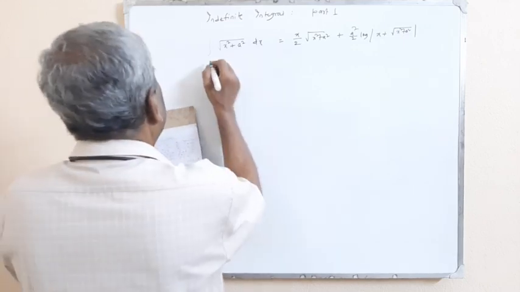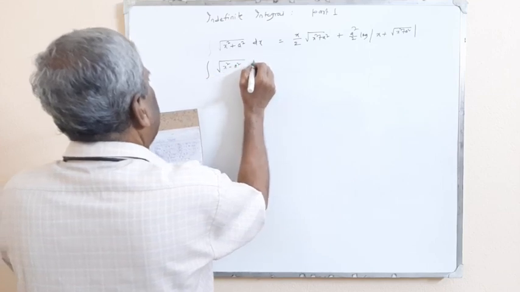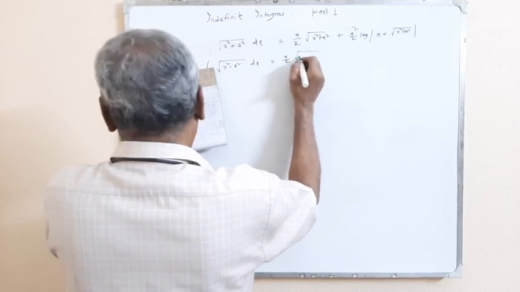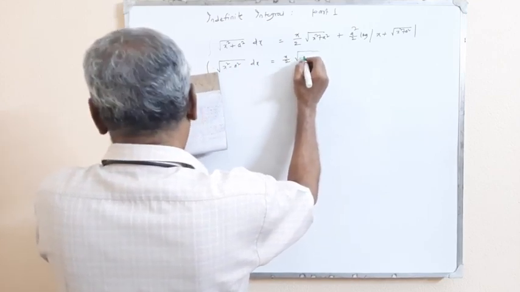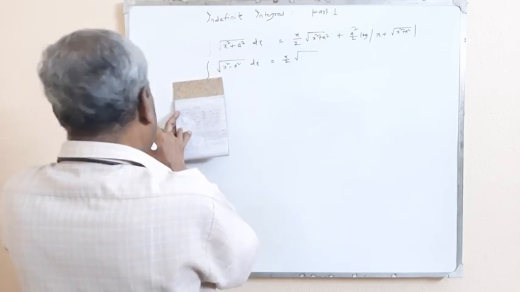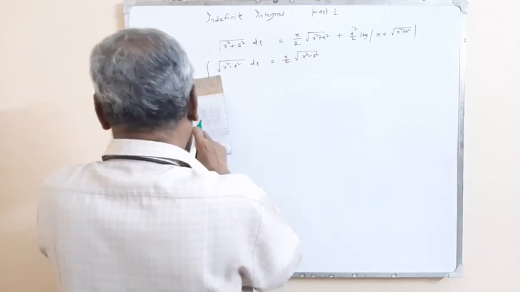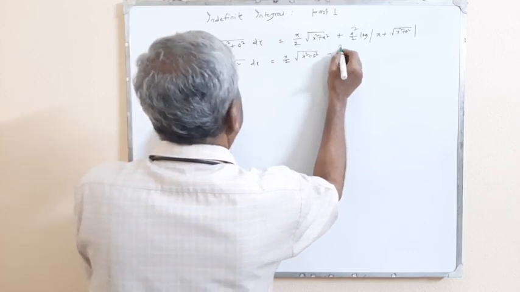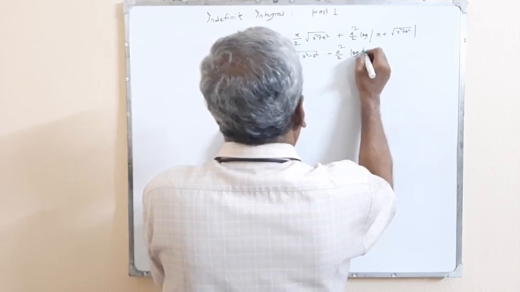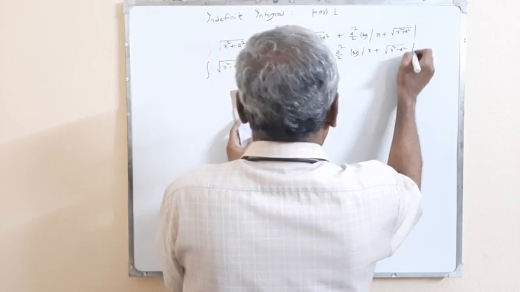Next one, the integral of root over x square minus a square dx is equal to x by 2 root over x square minus a square, minus a square by 2 into log of mod x plus root over x square minus a square.